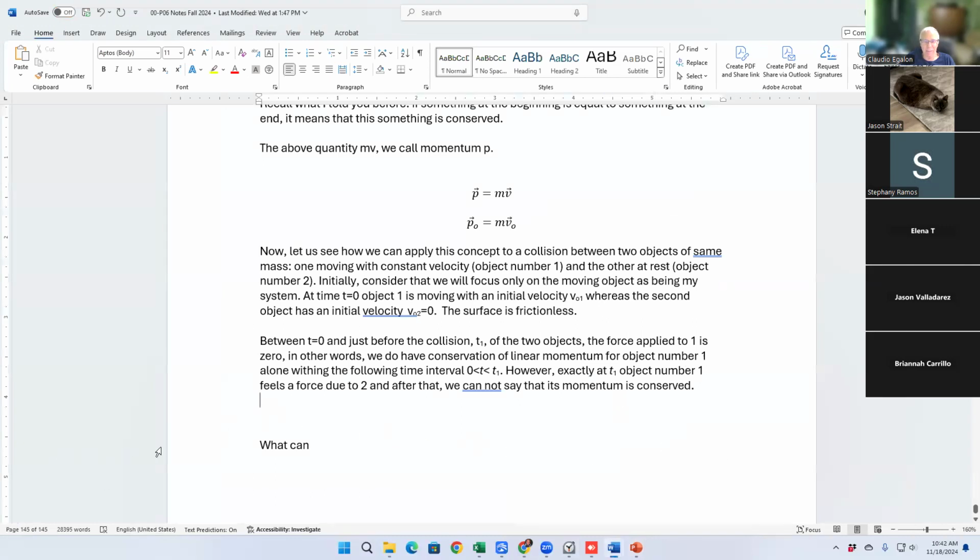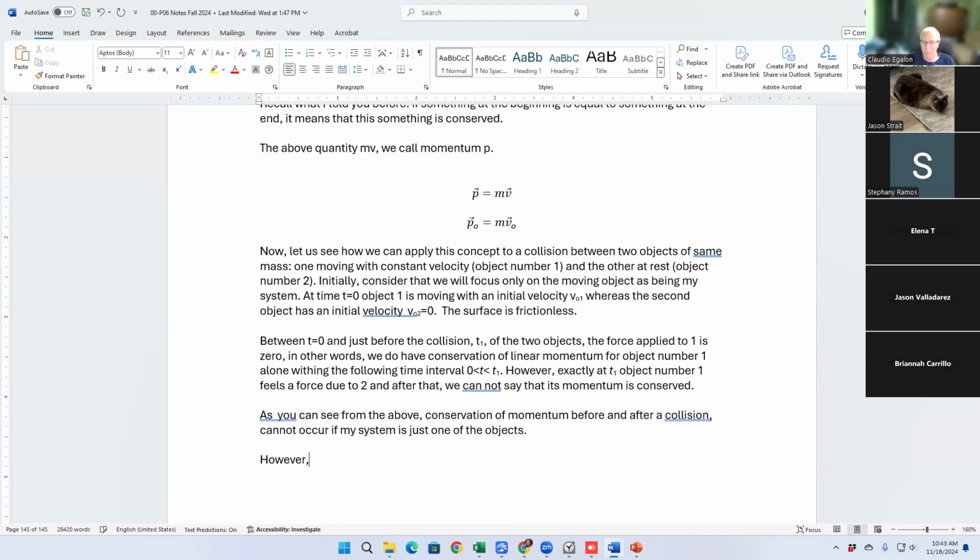However, exactly. Okay. As you can see from the above, conservation of momentum before and after a collision cannot occur if my system is just one of the objects. Okay.